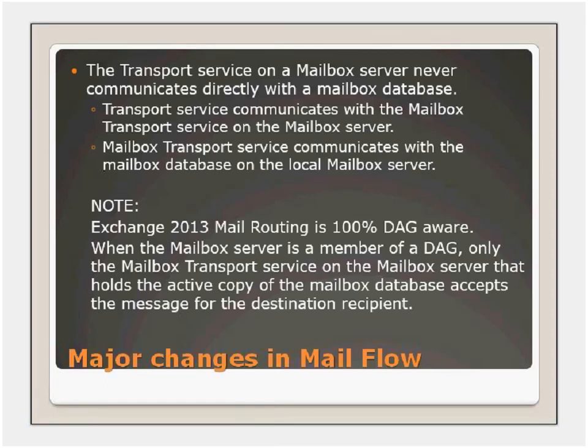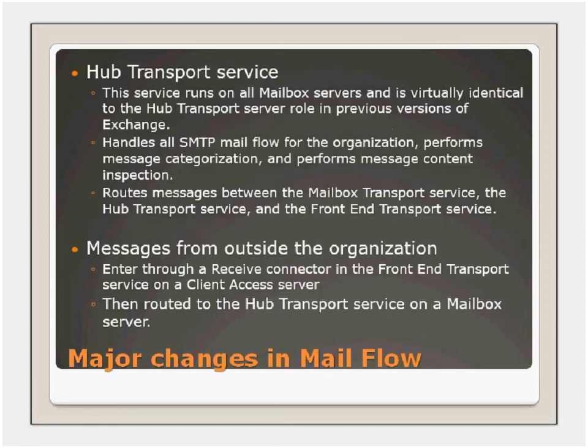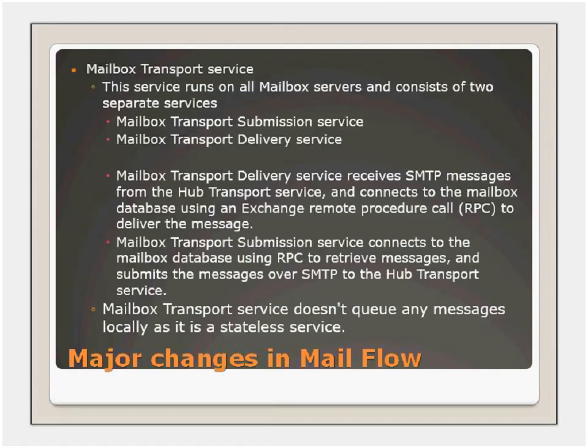This is something which you should understand: the hub transport service of the mailbox will never communicate with the mailbox database directly. Say the mailbox transport delivery service receives the SMTP message from the hub transport and connects it to the mailbox database.